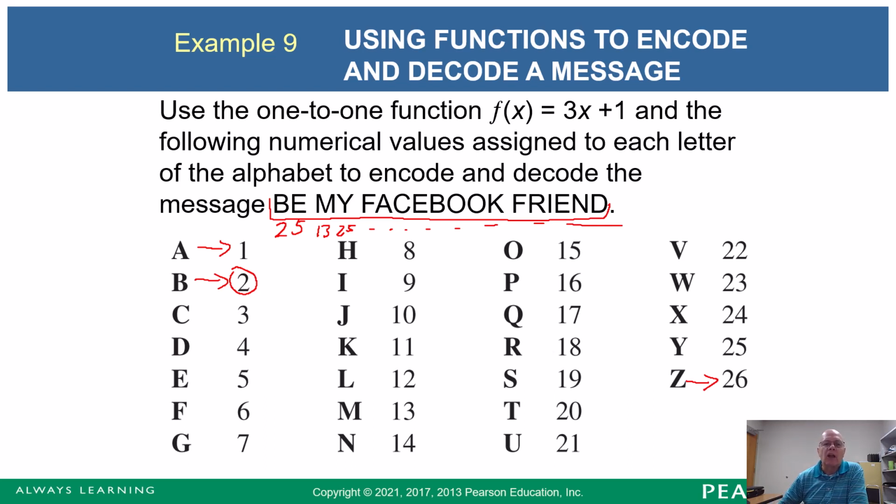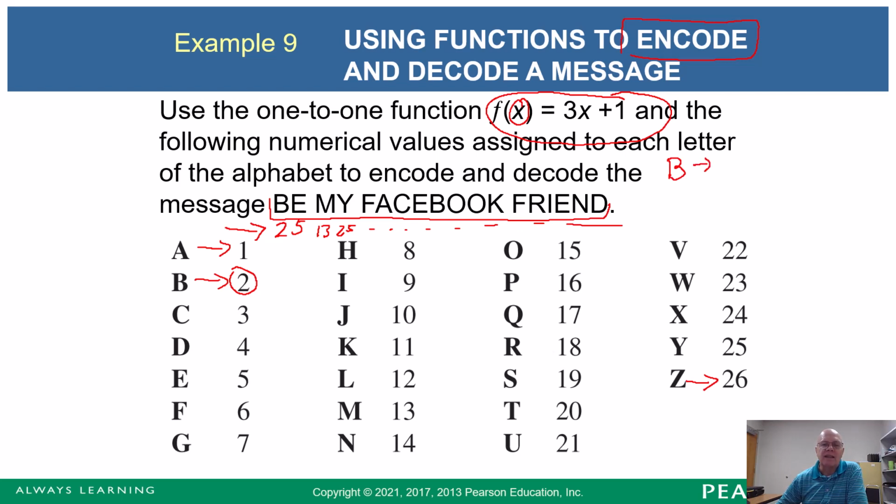So, use this encoding. We're going to encode it. We're going to put it in code. So for each of these numbers that you got from the letters, put that number in for x, and you'll get what you're going to send to your friend. So for example, we start with a B in Be My Facebook Friend.